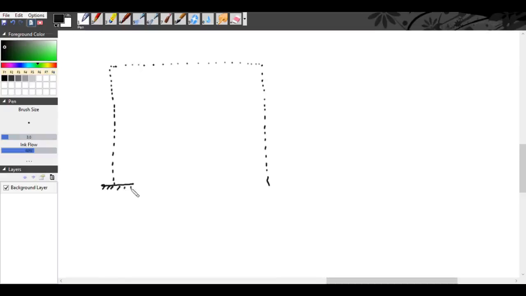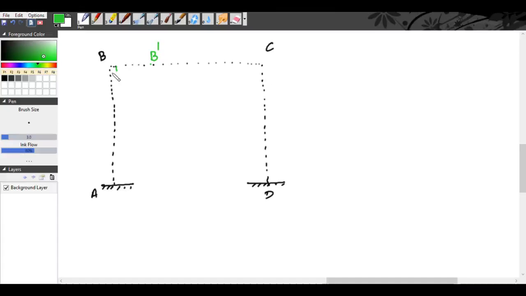Okay, so our A is fixed. Support D is also fixed. We have rigid joints B and C. Now, for the beam sway mechanism, B gets shifted to B dash, but there will not be any hinge formation.